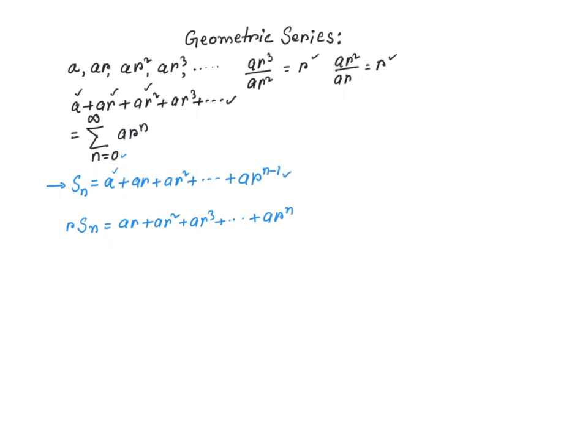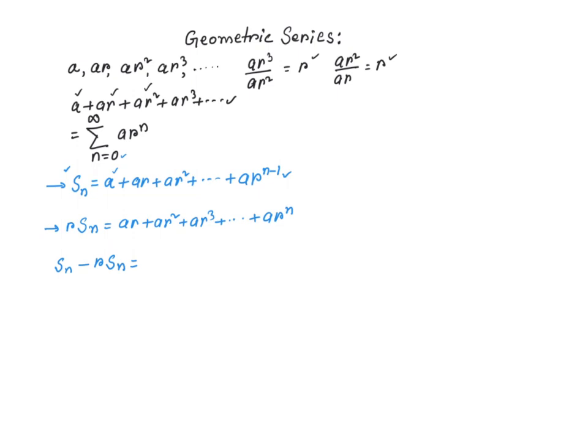The last term is going to have a power of n. Now I take this second equation and subtract it from the first, so it's S sub n minus r times S sub n. Look, all the intermediate terms are going to cancel out.